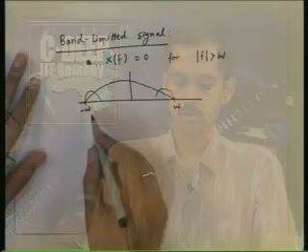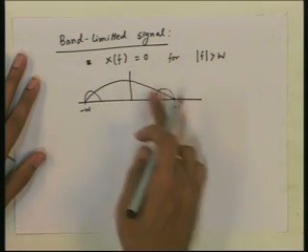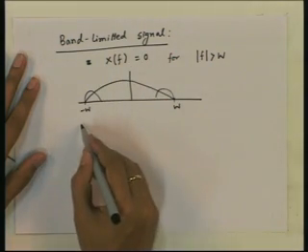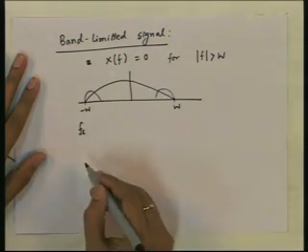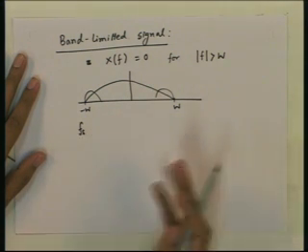So, suppose we know that a signal is band limited in the minus W to W range, then what is the rate at which we can sample, so that we can get back the original signal from the sampled signal? That is, given that the signal is band limited in minus W to W, what is the minimum sampling frequency, so that even after sampling there is no loss of information?